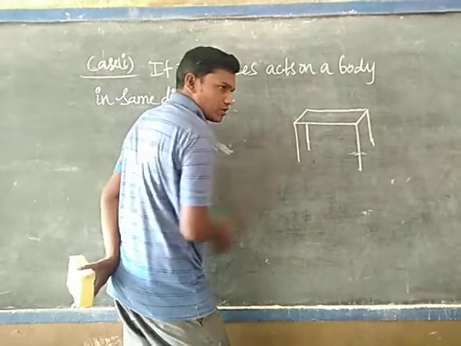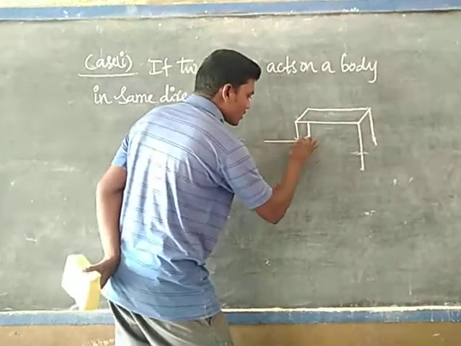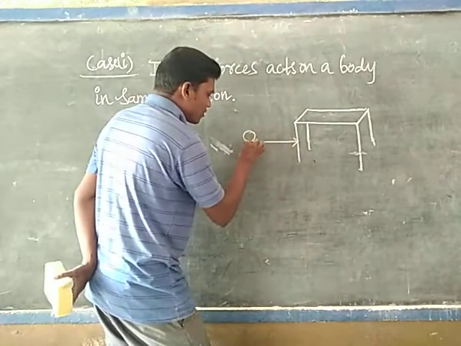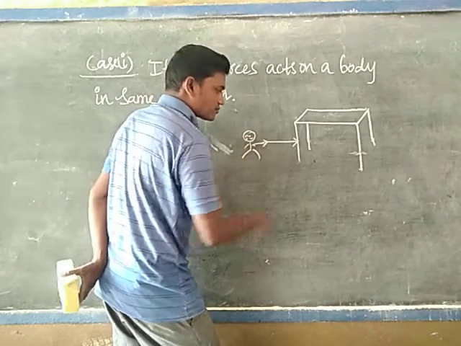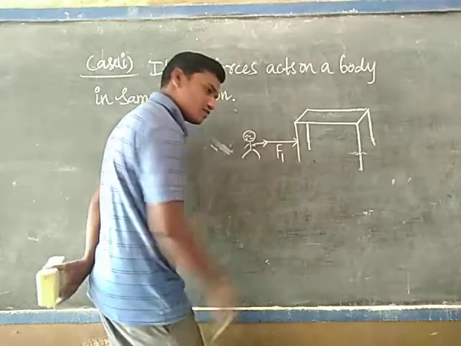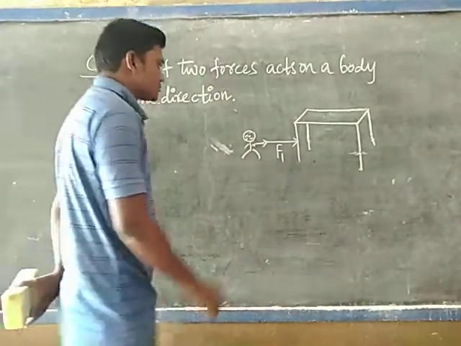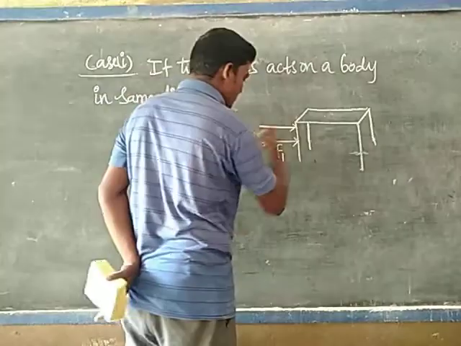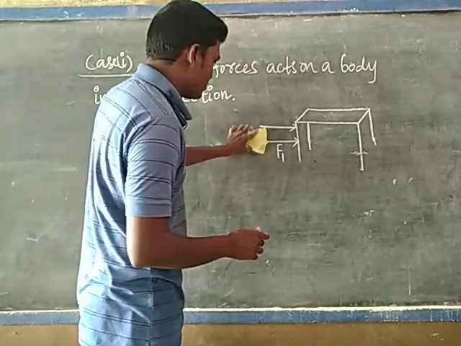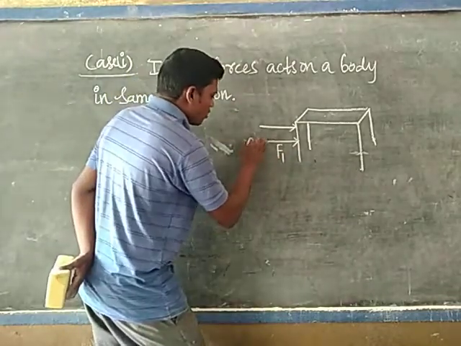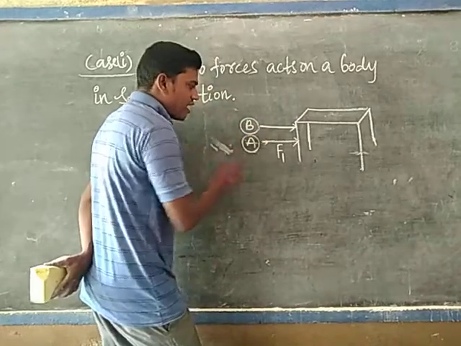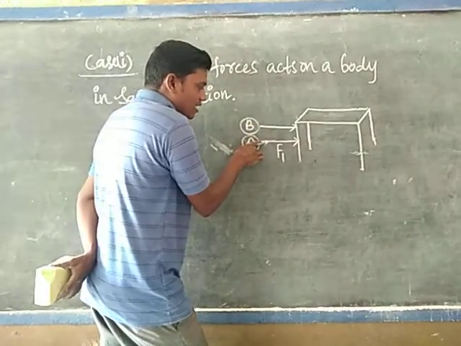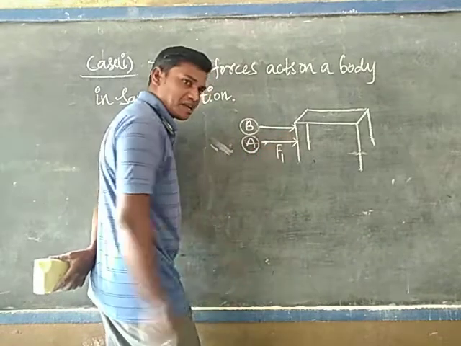Now on this table, we consider two persons, A and B. Person A applies the F1 force on the table.